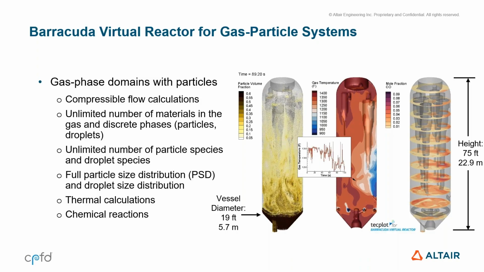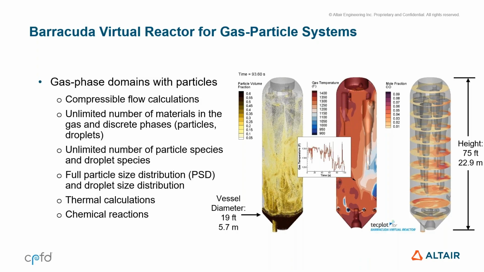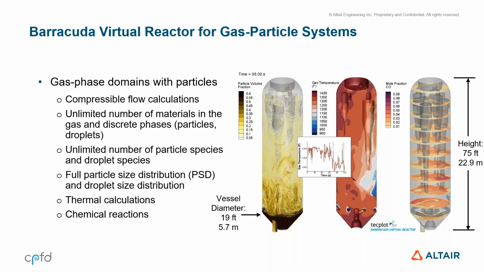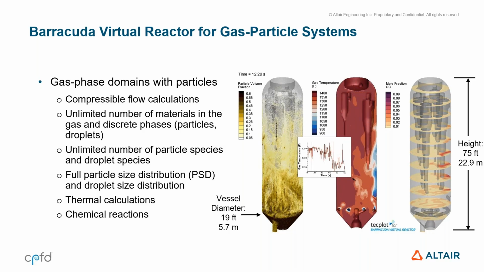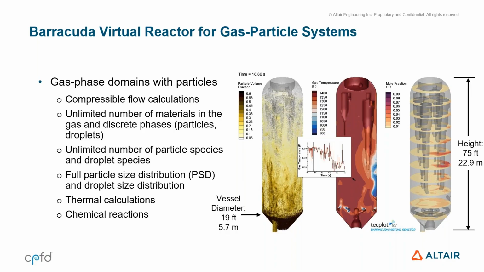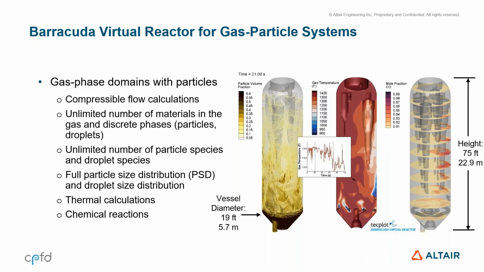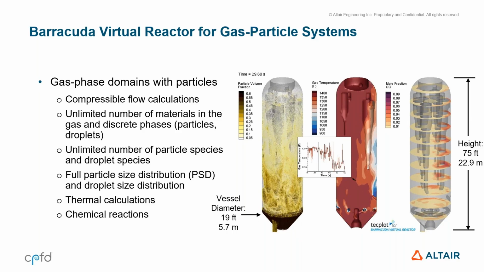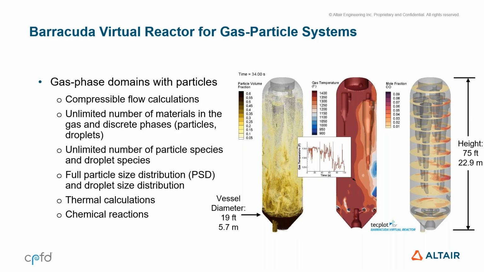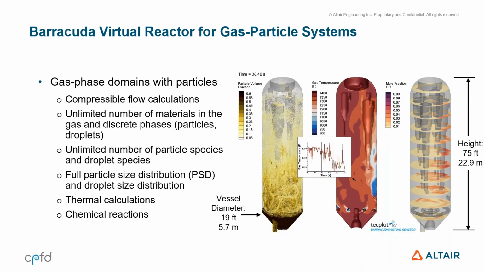The discrete phases are particles, could also be droplets. There's no limit to the number of those particle species, droplet species, and you're getting the full particle size distribution and other discrete properties. And all this is coupled together with the thermal calculations, the heat transfer, and multi-phase chemical reactions.